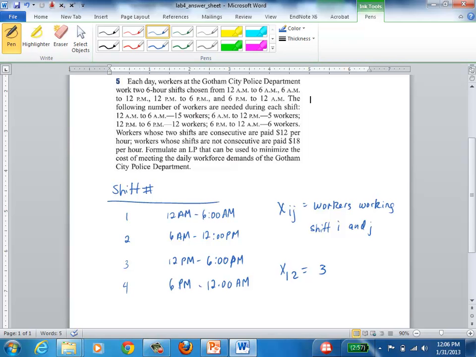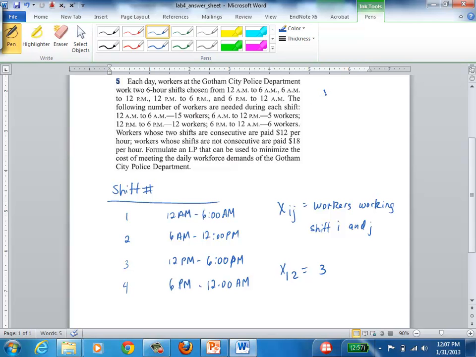So this is the decision variable again. x_ij equals the workers working on shift i in j, and we have 4 shifts. So we can list the different combinations for shifts in a row.